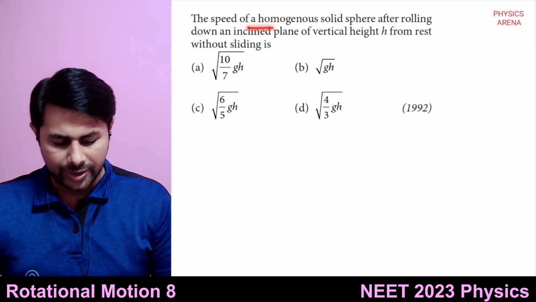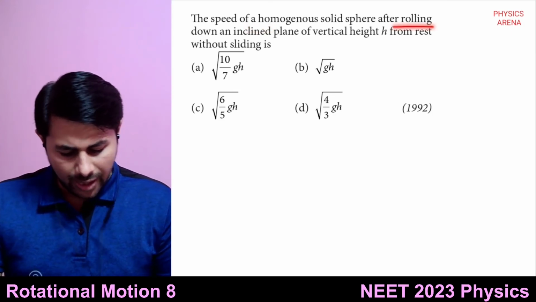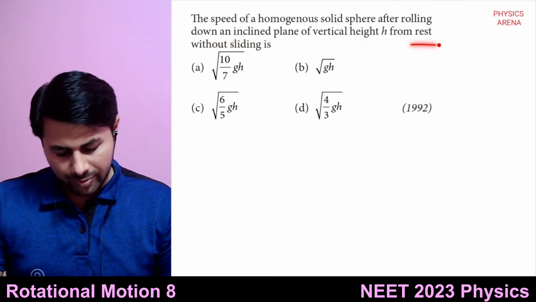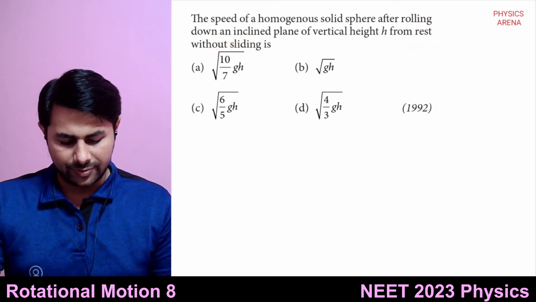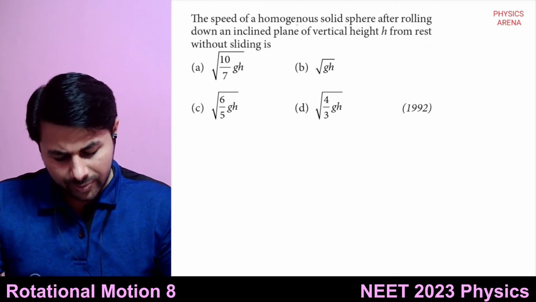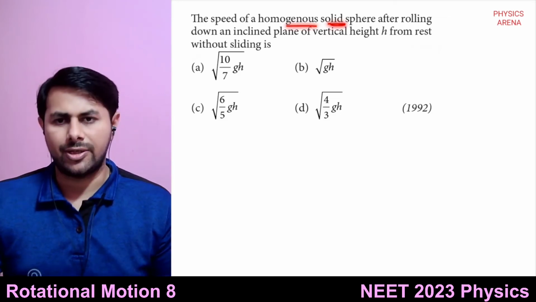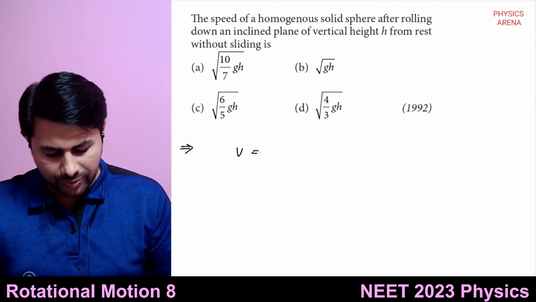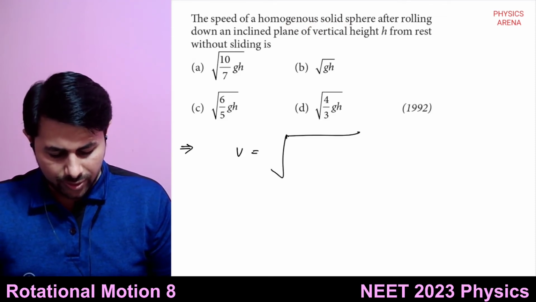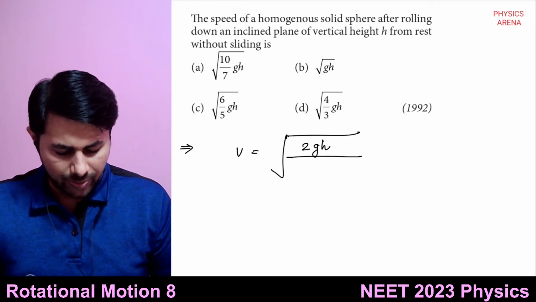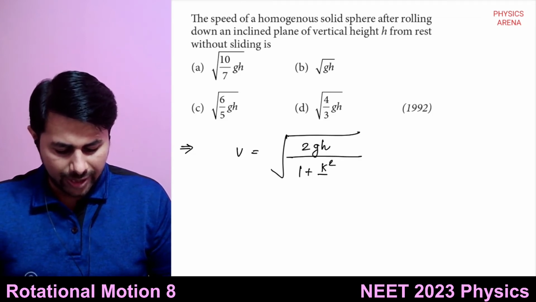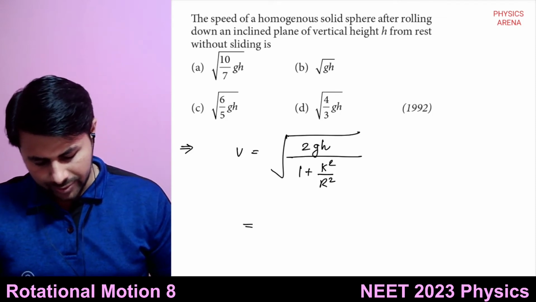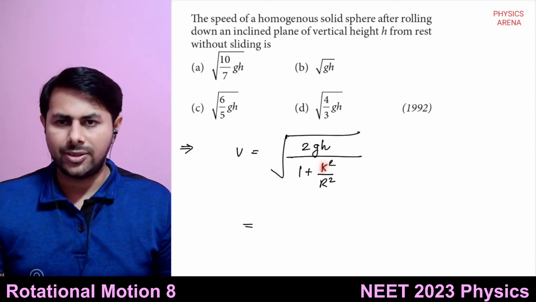The speed of a homogeneous solid sphere after rolling down an inclined plane of vertical height h from rest without sliding is, okay, speed of homogeneous solid sphere. It is a solid sphere, so this is a direct question. We know v is equal to the square root of 2gh upon 1 plus k square by r square. What is k for a solid sphere?